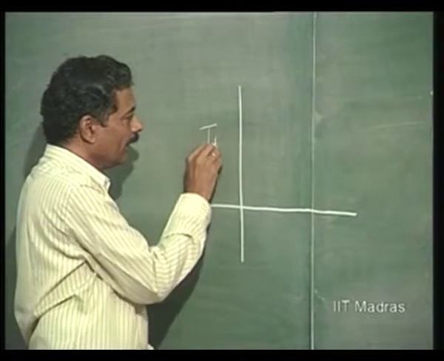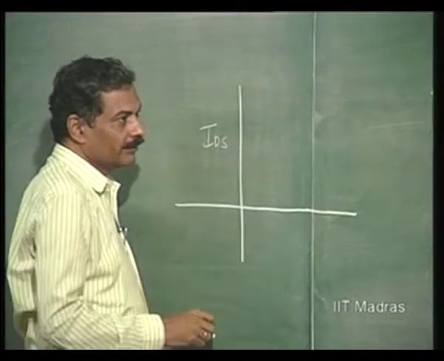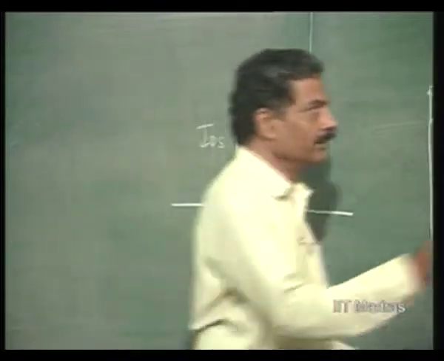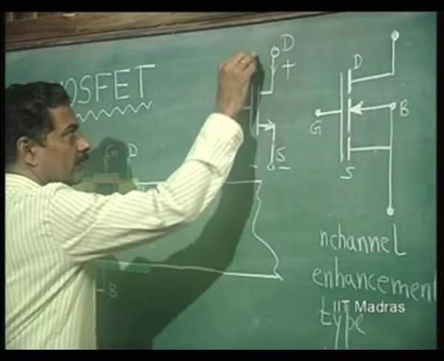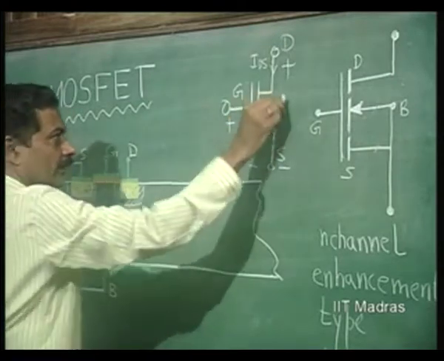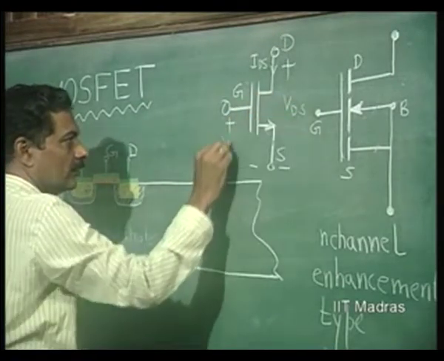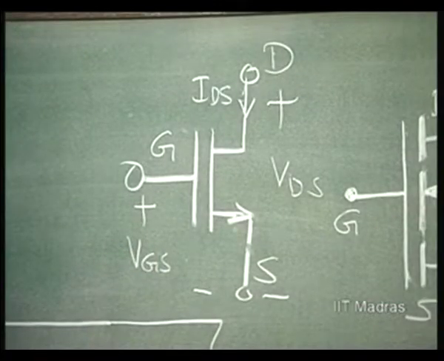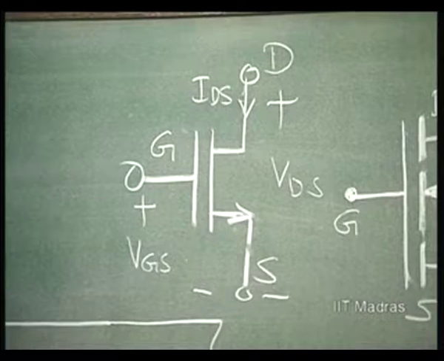If I plot IDS, the current here, versus VDS, the voltage VDS, let us see how it looks like.